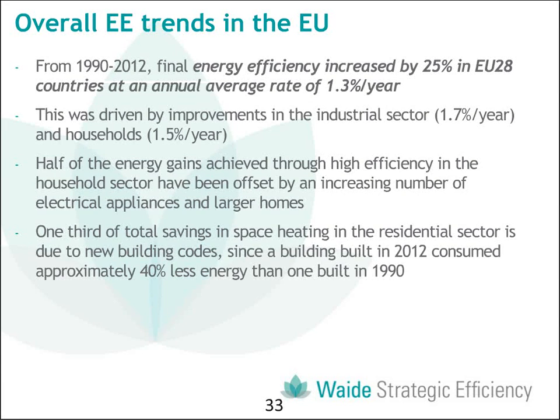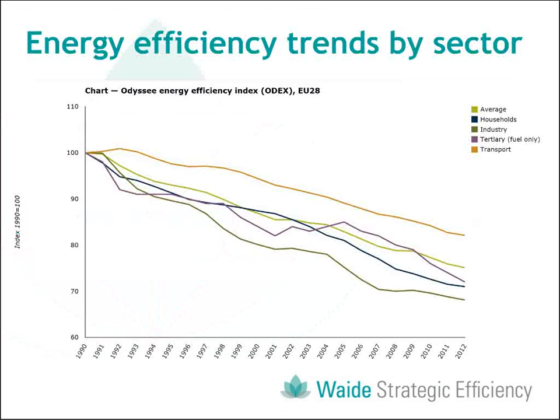And 1/3 of the total savings in space heating in the residential sector was due to new building codes, and buildings constructed in 2012 were using 40% less energy than those built in 1990. The building codes are actually tightening again, so we would expect to see this percentage savings improve dramatically on those figures in subsequent years.